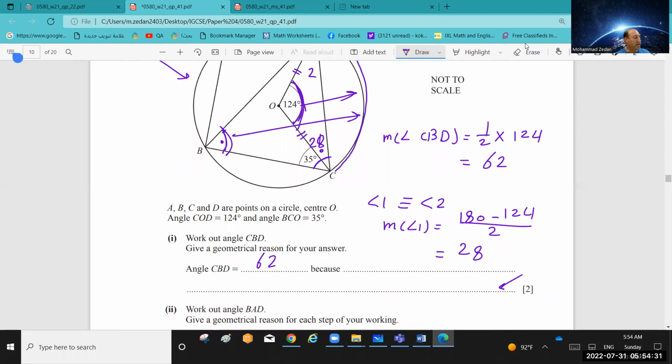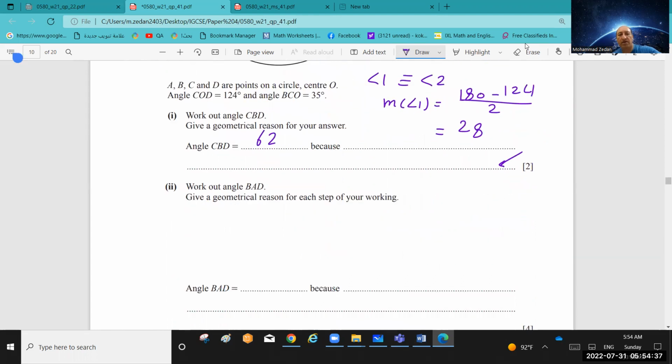Now this angle is 28. So the measure of angle C is 28 plus 35, which is 63. So the measure of angle BAD is 180 minus 63, which is 117 degrees.